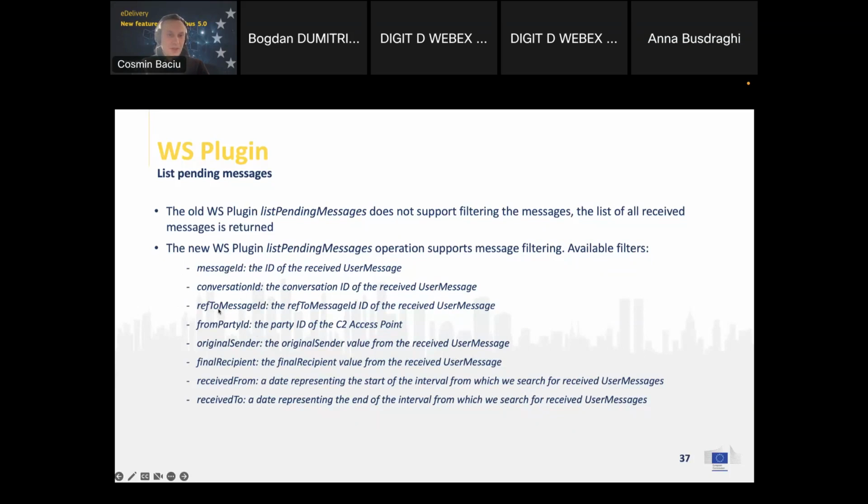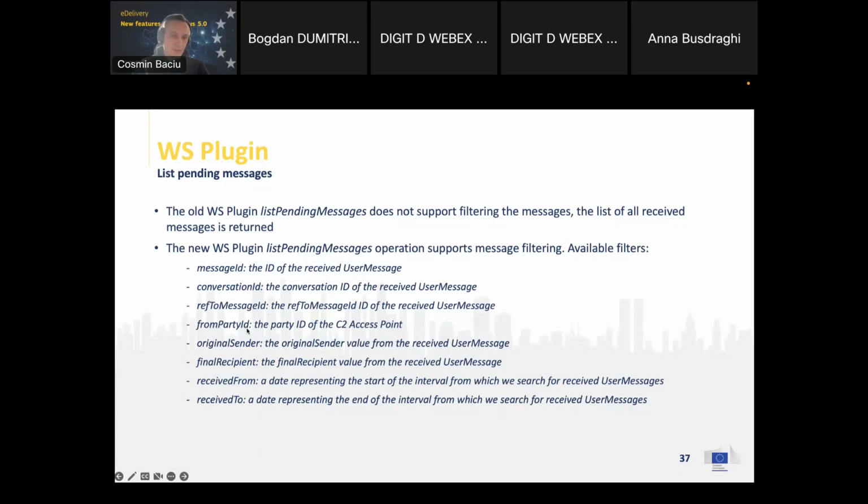Ref to message ID is very useful when you have a two-way communication. So you have a request, which is the user message, which is sent from C2 to C3, and then C3 responds with another user message following the initial request. So the response, the reply back contains ref to message ID to the original message, and then you can use this to find the reply to your initial message.